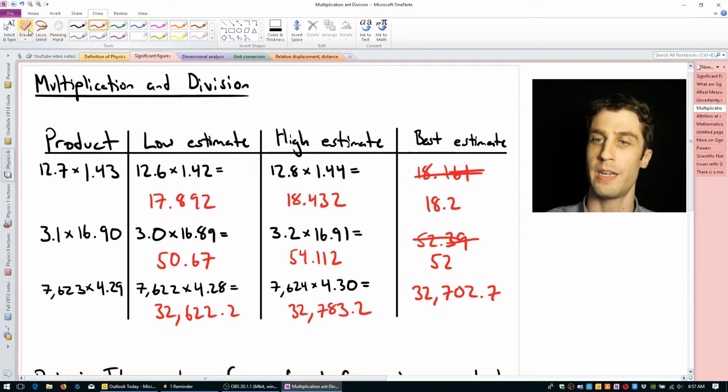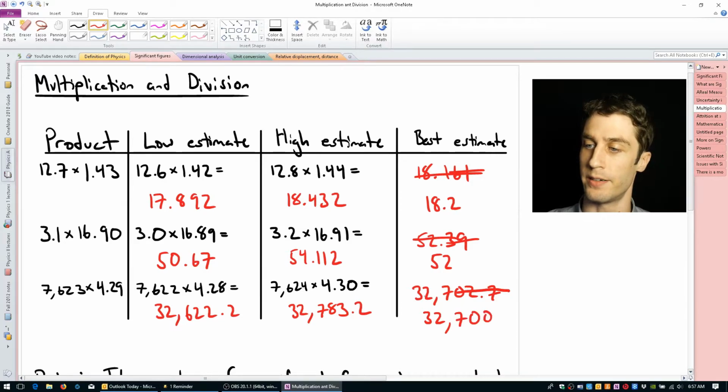All right, how many significant figures do we actually have? They both agree that the first digit is 3, they both agree that the second digit is 2, and then there's some disagreement in that third digit there. It's a 6 over here, and in fact it's kind of a low 6 here, and it's a high 7 here, 78 versus 62. So I would say that this has just 3 significant figures, and we'll cross out these last 3, and we would report this value as 32,700.